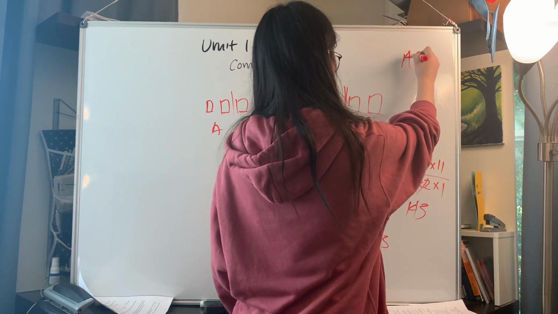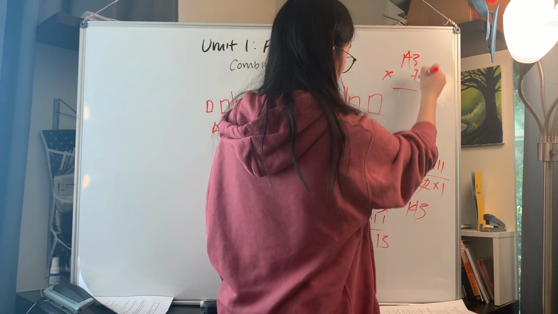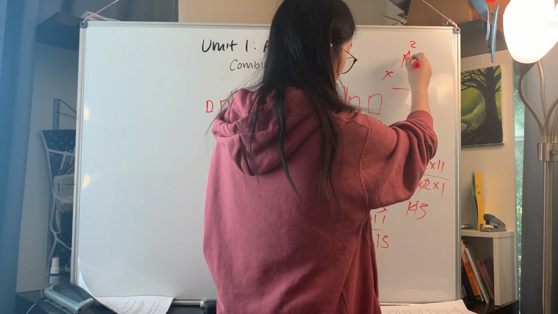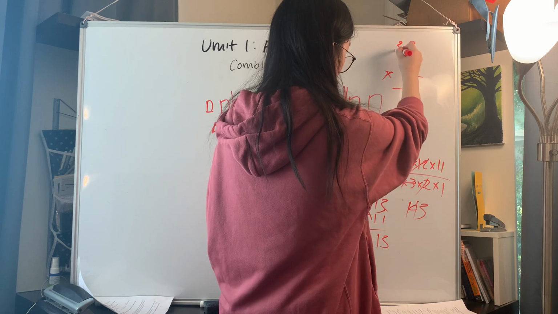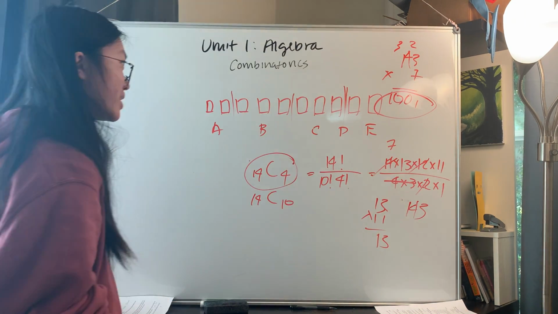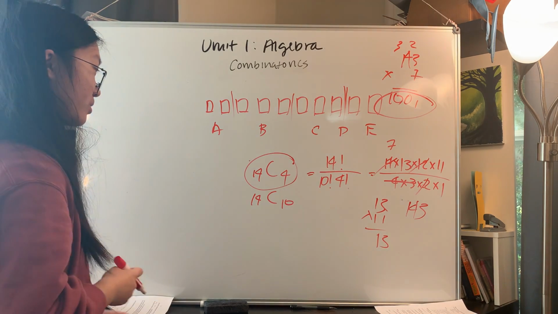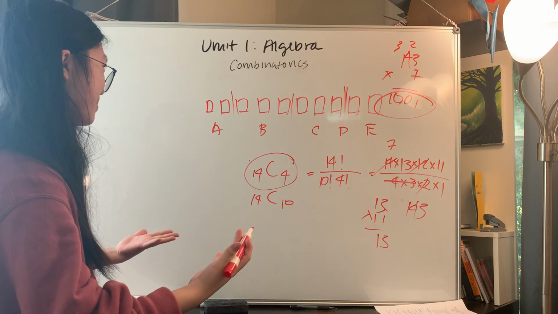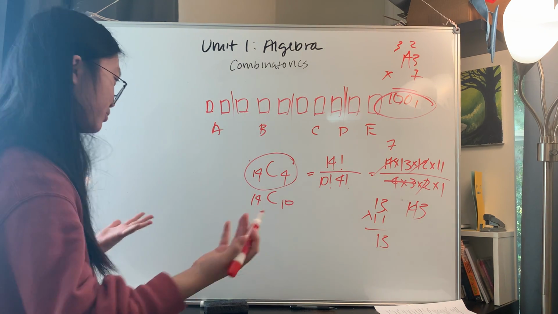So 143 times 7 is equal to 1001. So there are 1001 ways that Alex could split up his money among the 5 members of Mu Alpha Theta.